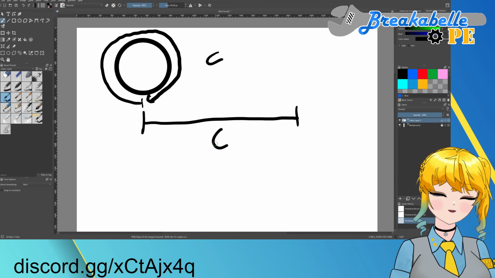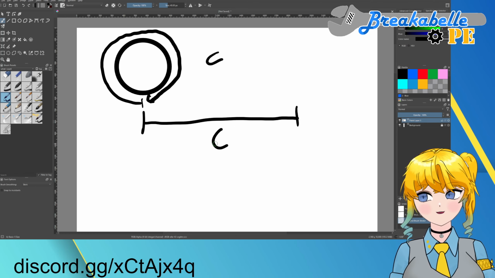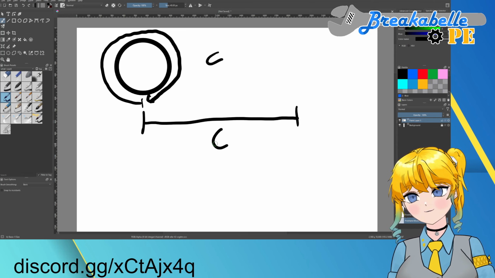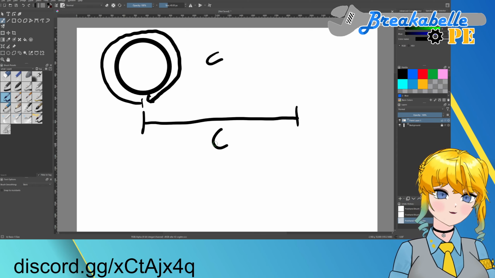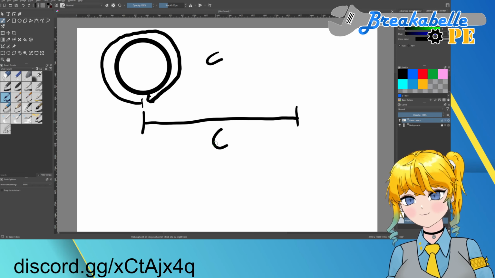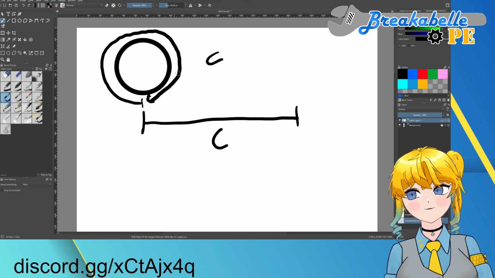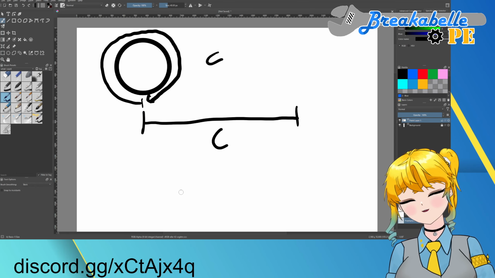Pretty simple stuff, but just in case anyone's not necessarily up with the program, this is how wheels work, assuming they don't spin. So if we have one wheel that spins once with circumference c, it's going to cover c distance.